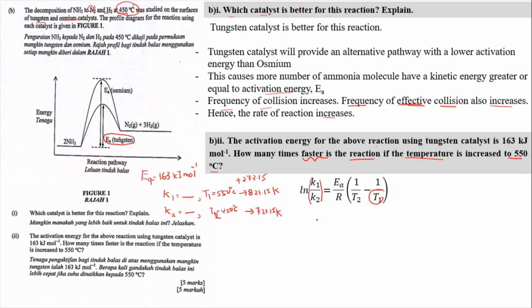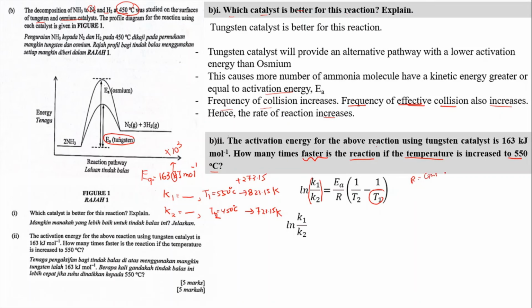Okay, so ln K1 over K2 is basically equal to the activation energy, which is given as 163 K. Don't forget that K refers to times 10 to the power of 3. And then our R here refers to the gas constant.